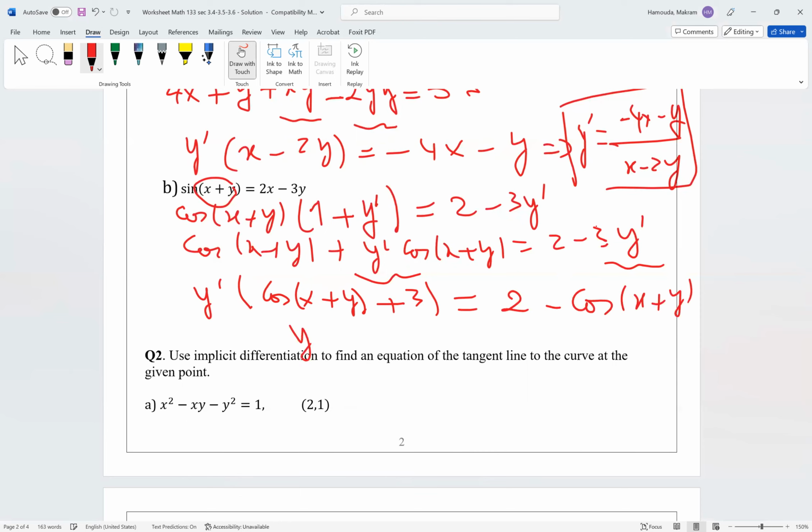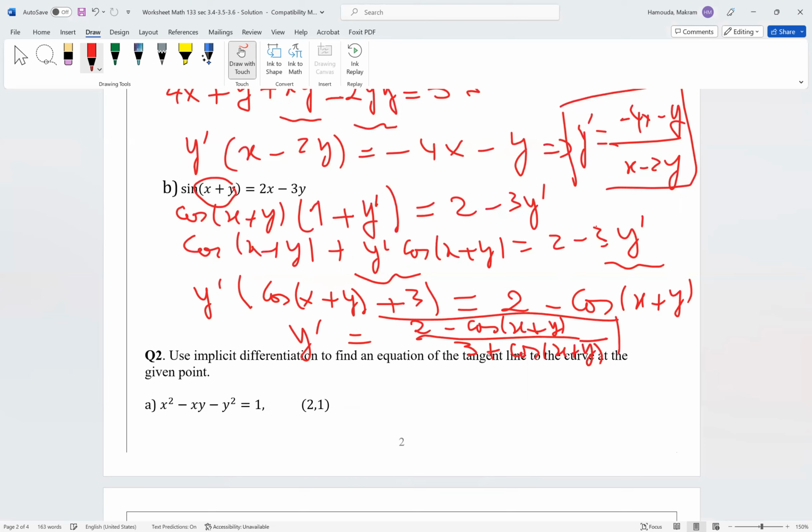That gives y prime equal to 2 minus cosine of x plus y over 3 plus cosine of x plus y. That's the final expression of y prime.